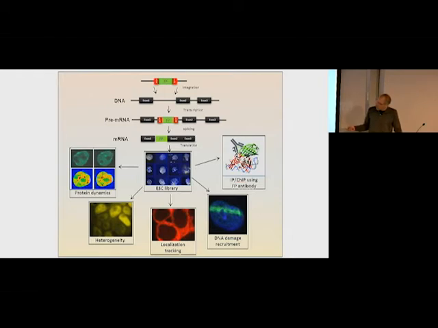You can look at heterogeneity, because these are all clonal, derived from a single cell. You can do localization tracking, so changes in localization during early differentiation. You can identify proteins that are recruited to sites of DNA damage. If you shine a UV laser, you can image your cells 5 minutes, half an hour later. And of course, because of the fusion, you can IP any protein that you want with the proper antibody for YFP or cherry.